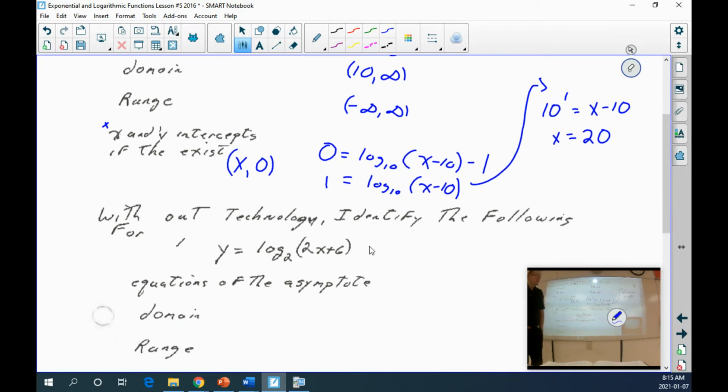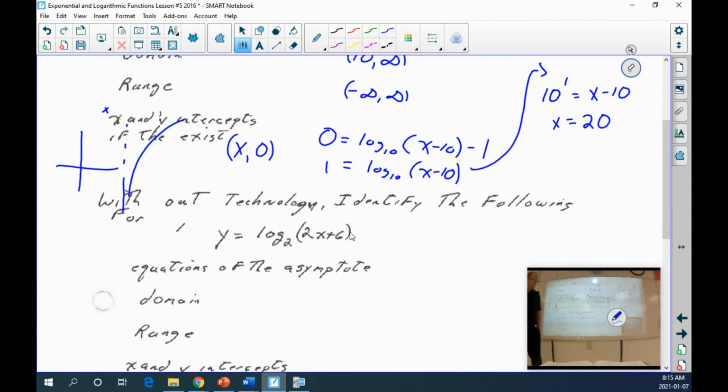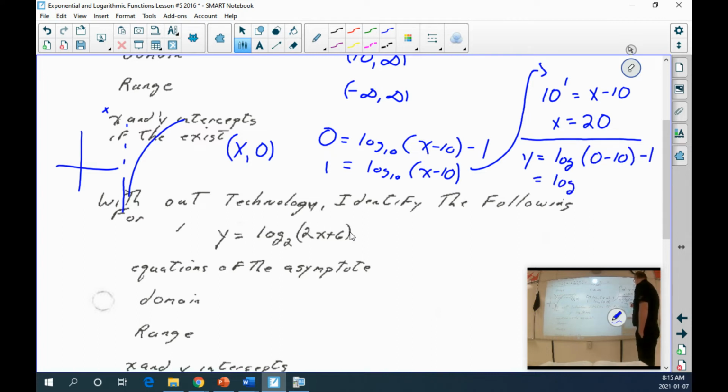Is there a y-intercept? Well, in the shape of your head, you should know the graph is going to go like that. No y-intercept at all. Algebraic proof that there's no y-intercept: plug in 0 for x. Now here is where, what power of 10 will get you to negative 10?